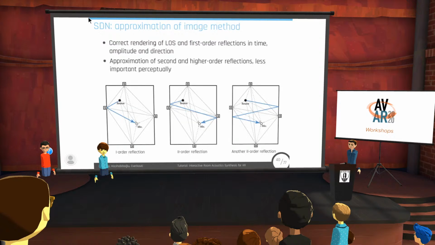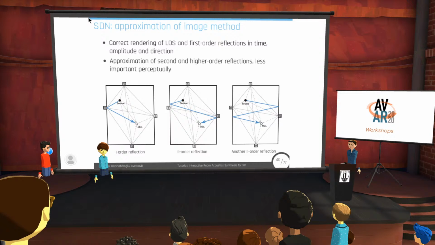Now, to start from the first interpretation, you can see here three examples of first-order reflections. By first order, we mean sound rays that bounce off a wall just once. The first example on the left is a first-order reflection, shown in blue.